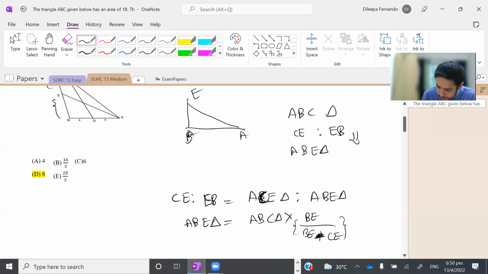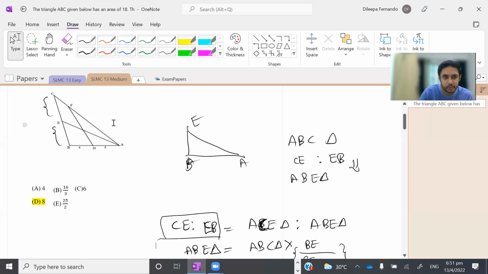So when we know this ratio, we can find this. Okay, now this is how we approach. Now let's see how we can find this ratio.